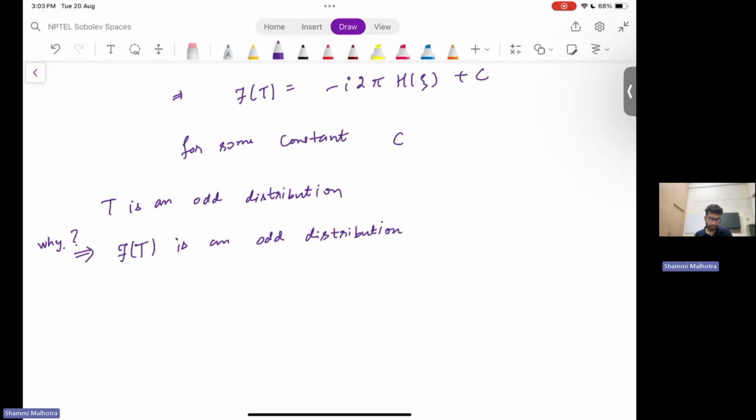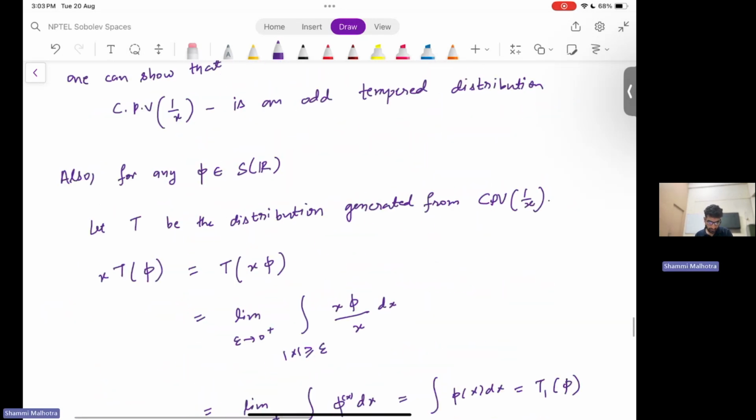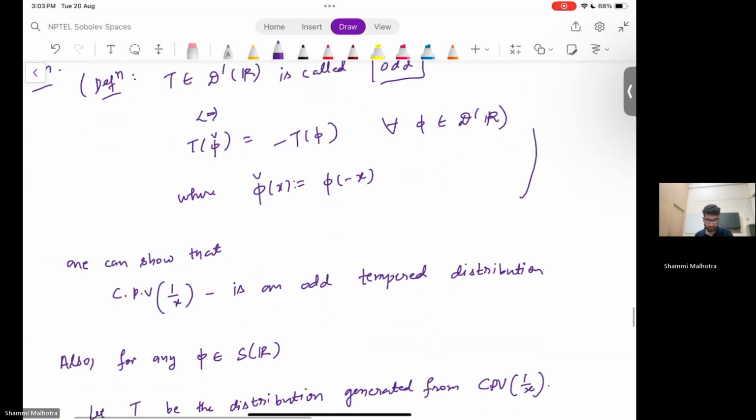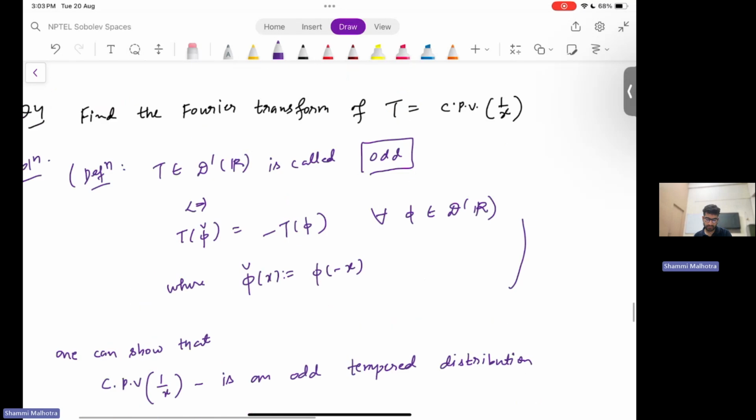So once that is the case, we can employ the definition of odd distribution. And what is that? That is that if I take this T of phi cap, this turns out to be minus T phi.